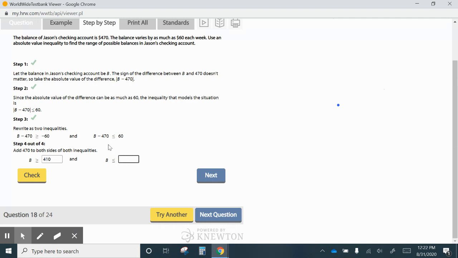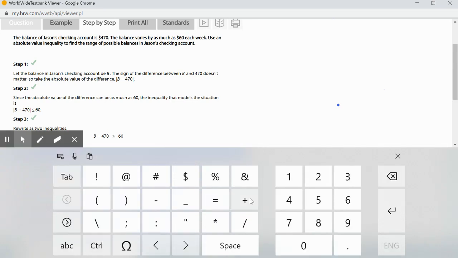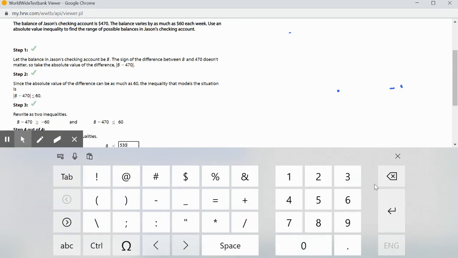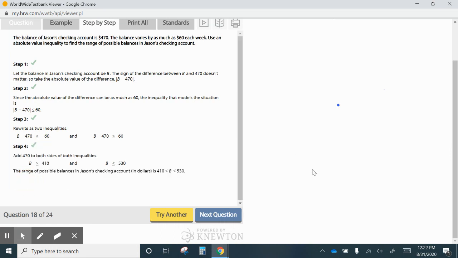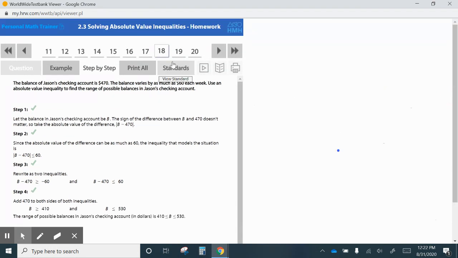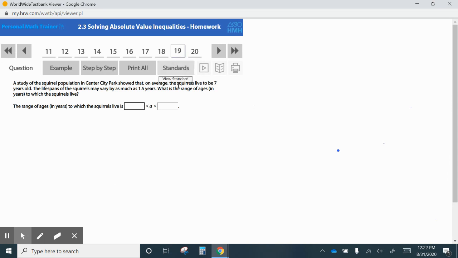And then 60 plus 470 is 530. Check. That is correct. All right. Let's look at number 19.